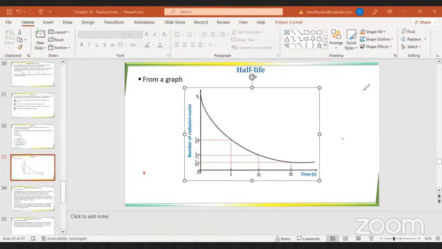Again, you could look at half-life in terms of fractions. If we have a whole number, and the whole number I'm talking about here is 1. If the nuclide is a 1, half of 1 is what? A half. Half of a half is what? A quarter.